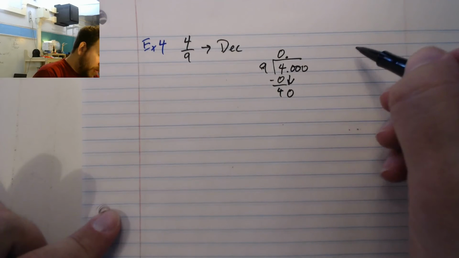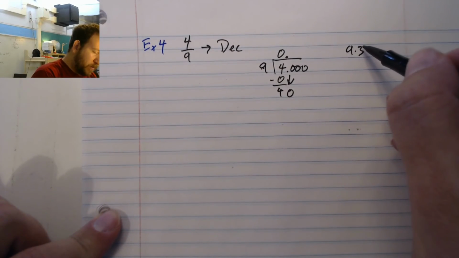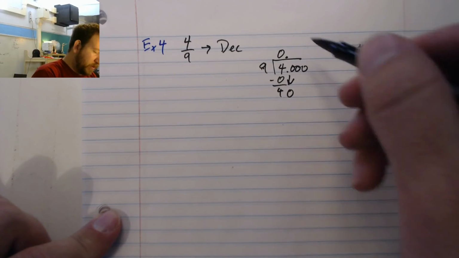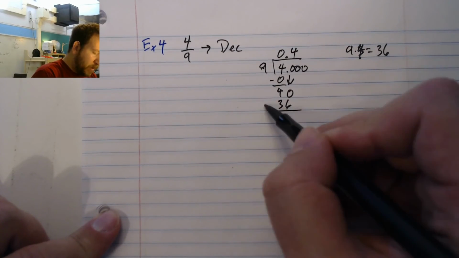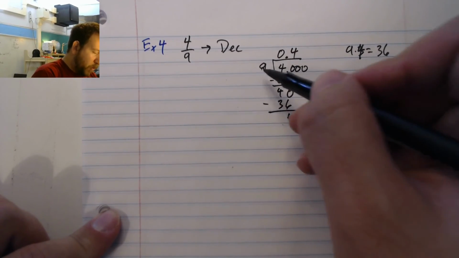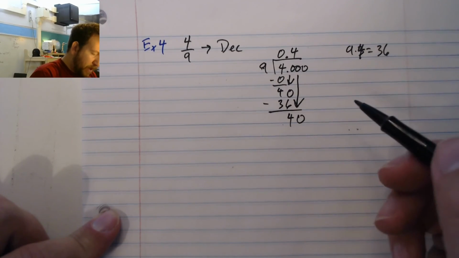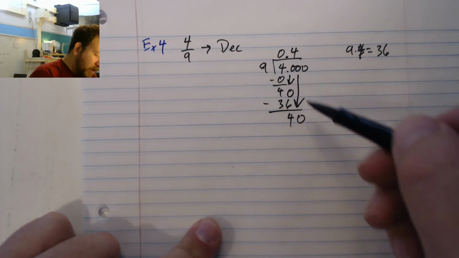I'm going to say 3, because 9 times 3 is... Oh, no, it's going to be 9 times 4 is 36. Subtract. I've got 4. Bring down a 0. I've got 40. This is already starting to be suspicious. How many 9s go into 40?